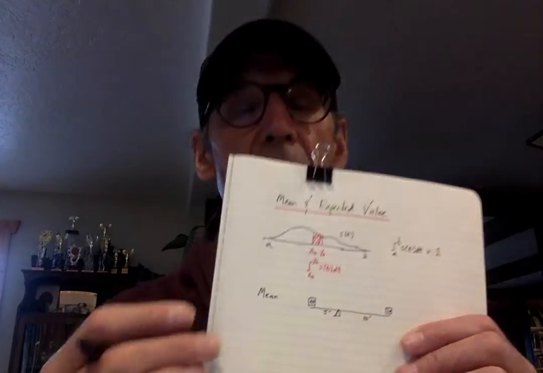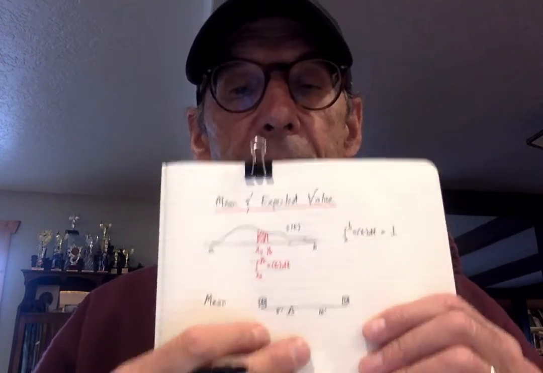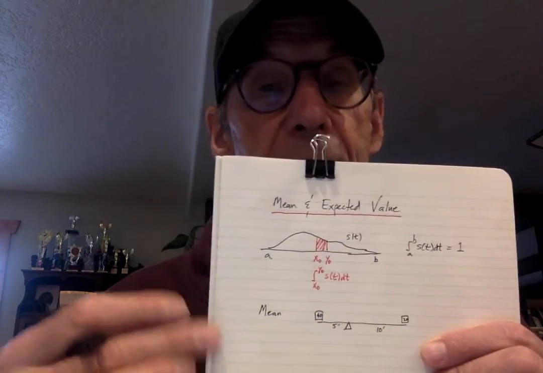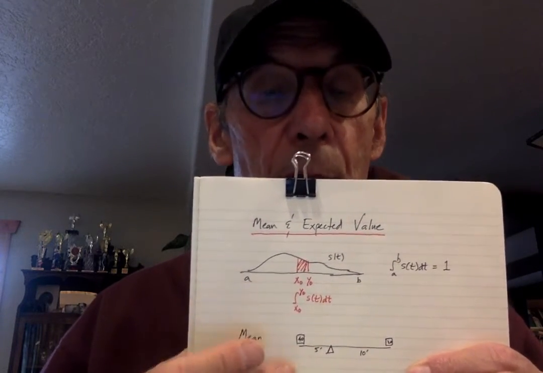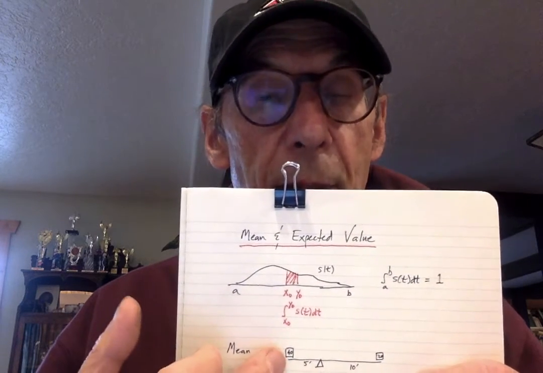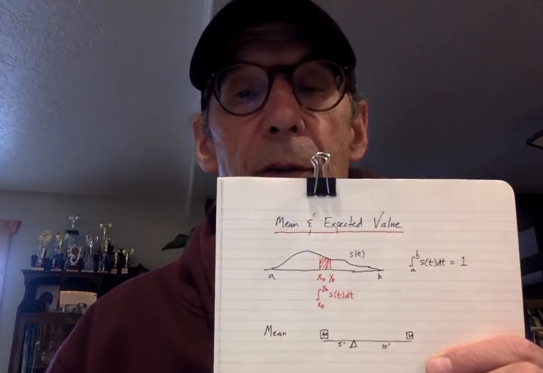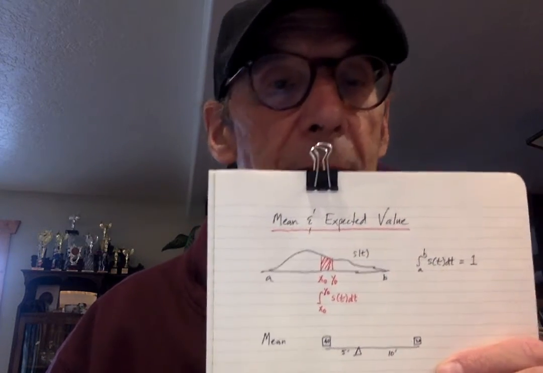So those balance. It's the weight times the distance. Physicists call that distance the arm, and there'd be torque or moment based on the weight's force times the arm. Those are how those things are going to balance out.